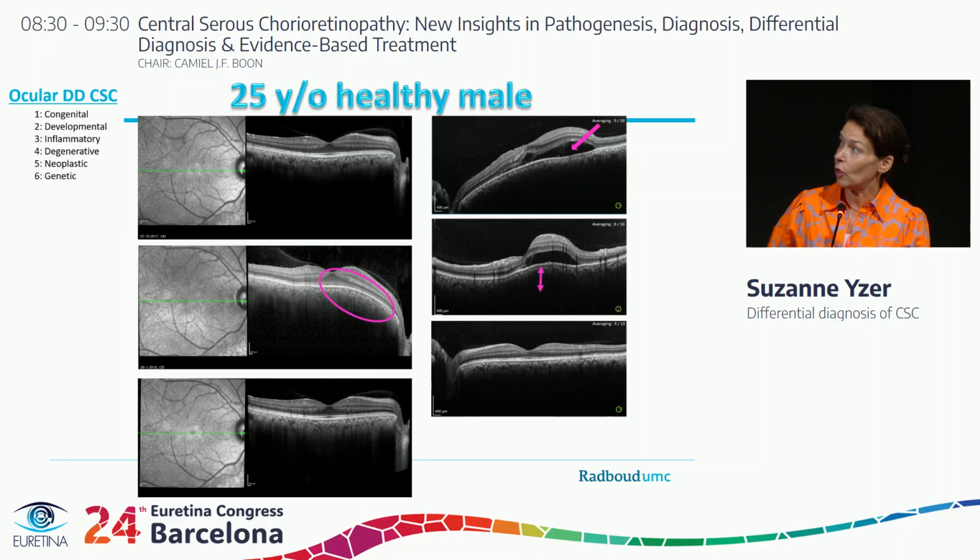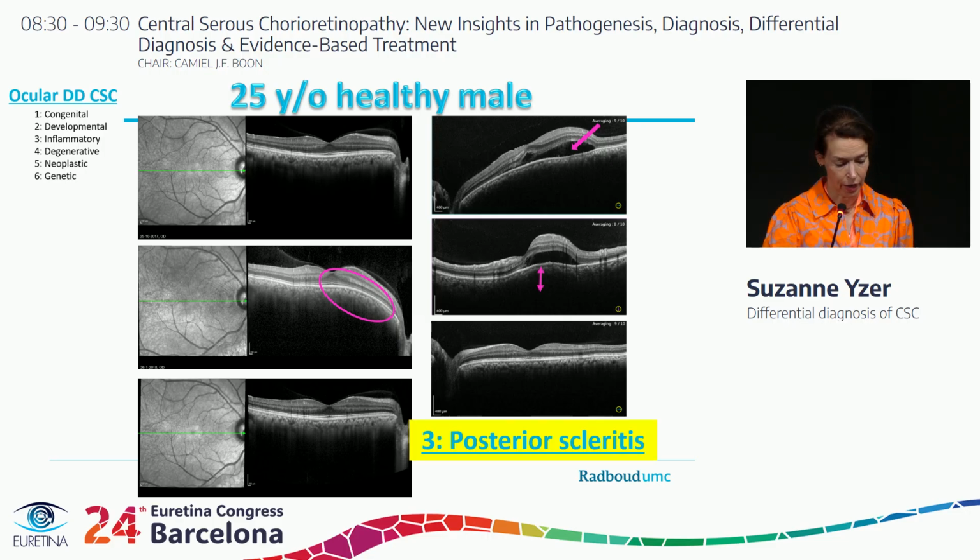And this is how his left eye looked when he came to see me. So it was like perfect. But do you see the possibly focal change in the choroid in the image just above? So I asked him, did you have any other symptoms at the time? He said, yeah, I had a lot of pain in my eye, and I had to use ibuprofen to get through the day. And this is posterior scleritis.